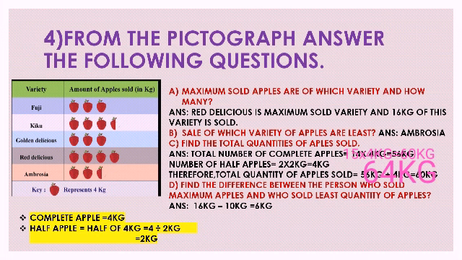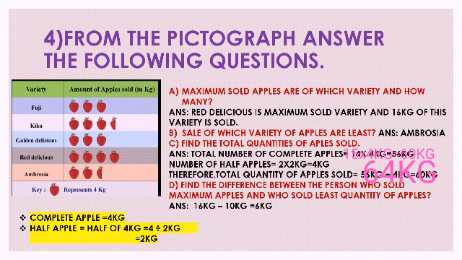So 15 fours are how much? 15 fours are 60, and there are 2 half apples. That means 2 plus 2, 4 kg. So the total amount of apple that was sold is 64 kg.